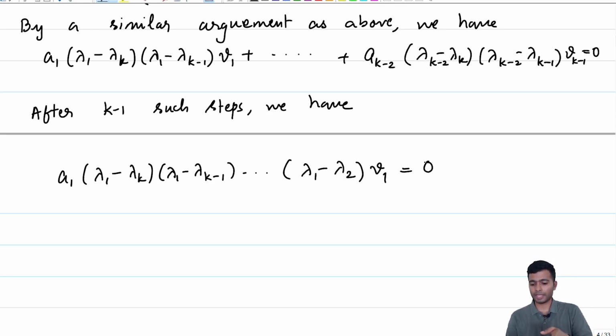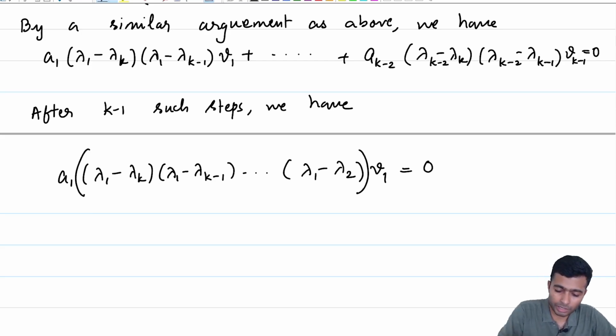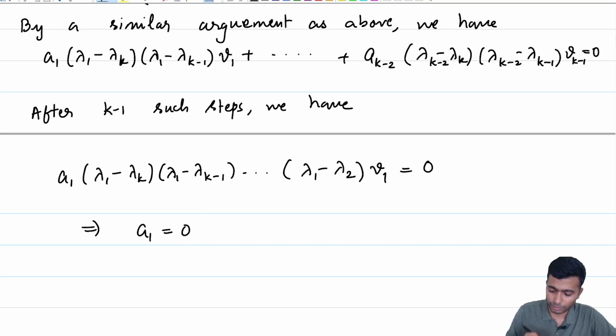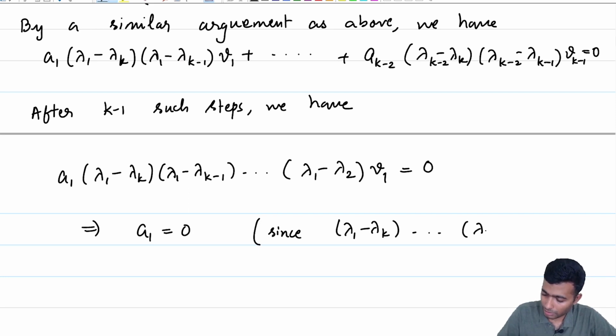So, lambda 1 minus lambda j is not equal to 0 for j not equal to i. So, the term in this big bracket which I just drew cannot be 0, and V1 is given to be a non-zero vector. This implies that A1 is equal to 0, since (lambda 1 minus lambda k) dot dot dot times (lambda 1 minus lambda 2) is not equal to 0.